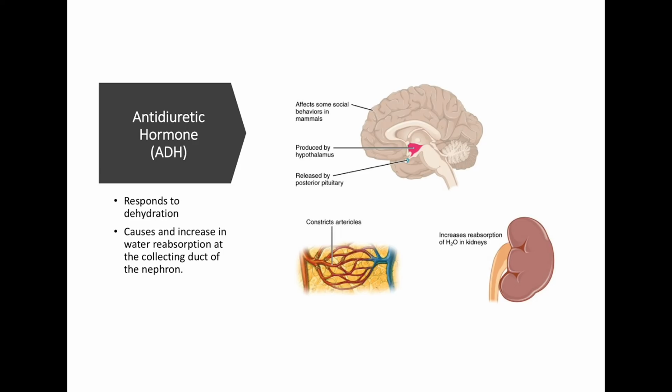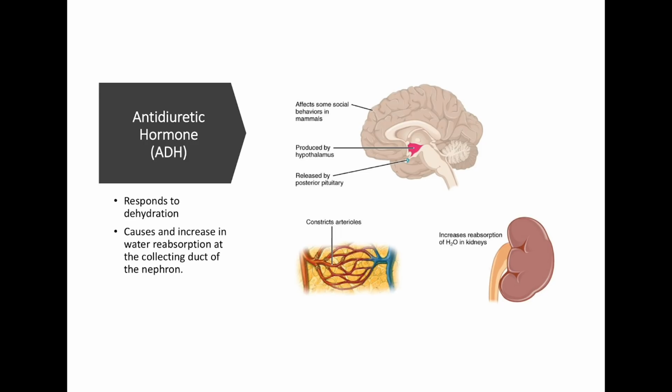But in response to negative feedback, the vasopressin or the antidiuretic hormone will come in and constrict the blood vessels, narrowing them a little bit to increase that pressure, while working on the kidneys to allow more reabsorption of water. So this is why if you're dehydrated, some individuals may see a spike at some point in the blood pressure because of the vasoconstriction.